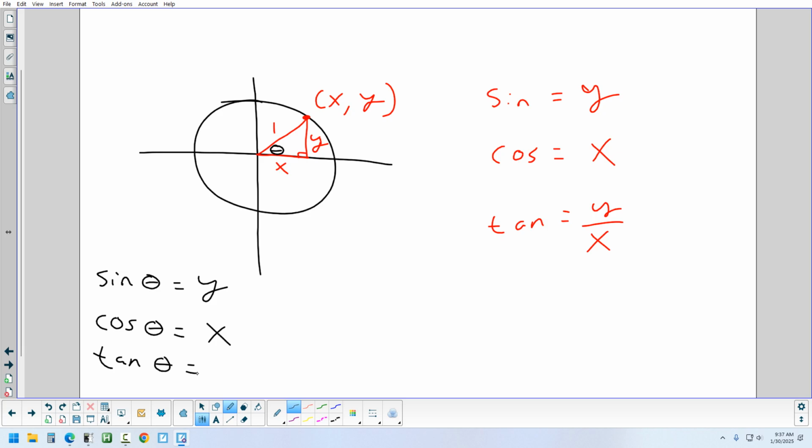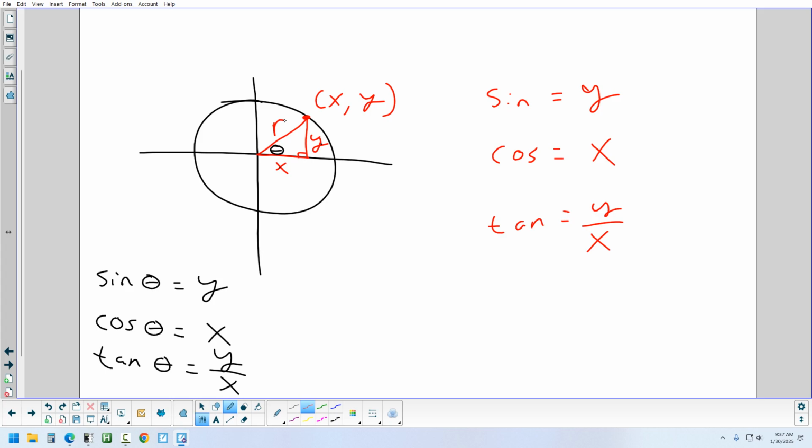Well, in terms of a right triangle, that would be opposite over adjacent. Opposite is y, adjacent is x. It's exactly the same thing. There's no difference.